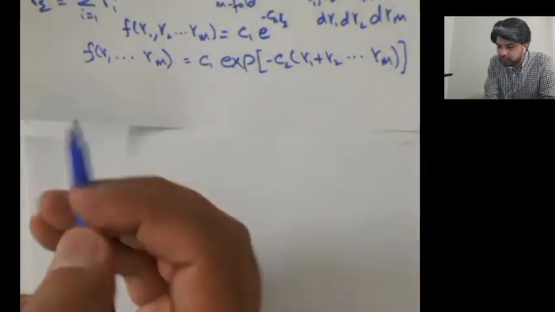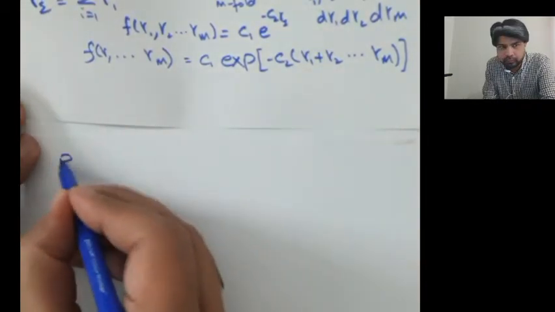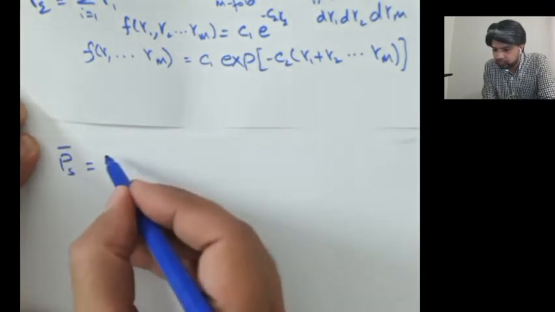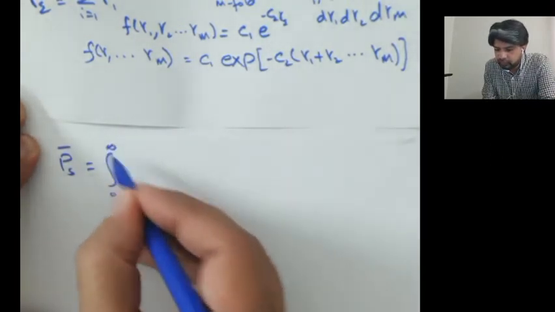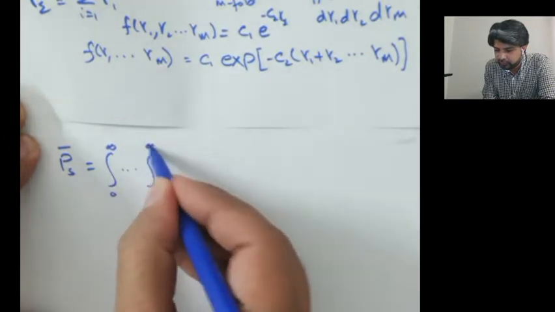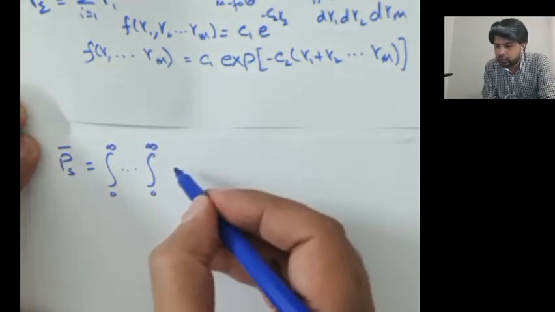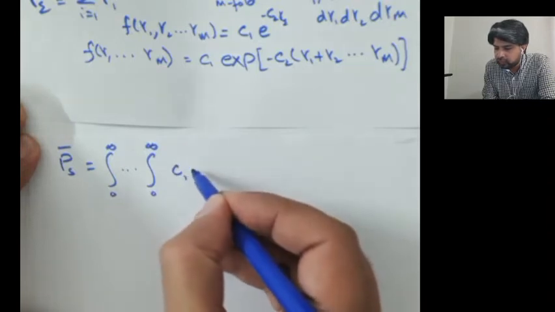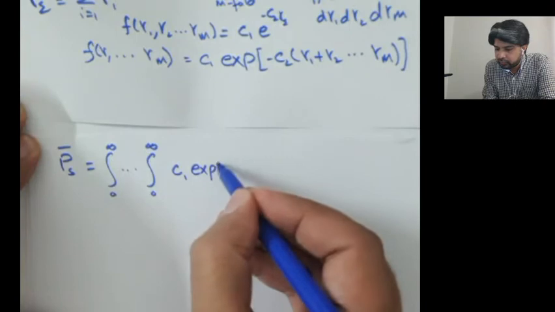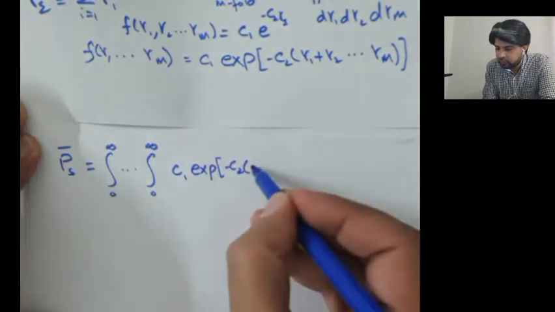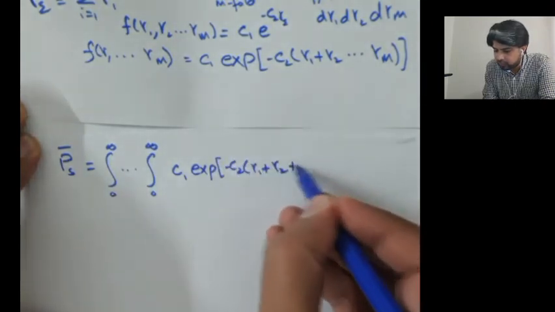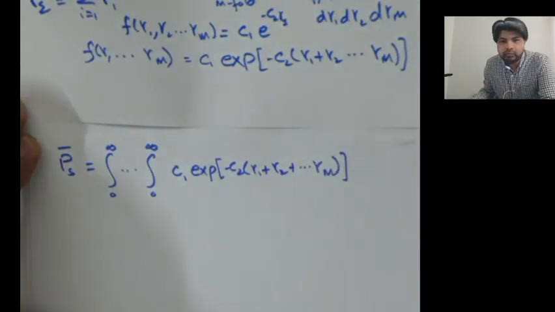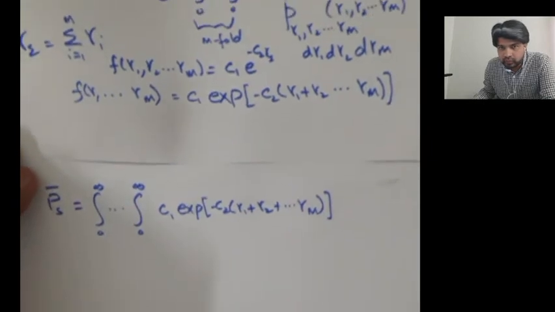So remember, this average is nothing but your average symbol error probability, right? And this average symbol error probability would be equal to the integral from 0 to infinity, integral from 0 to infinity, of f of gamma 1 all the way to gamma M, that means C1 e to the power minus C2 times (gamma 1 plus gamma 2 plus ... gamma M), times the joint distribution.